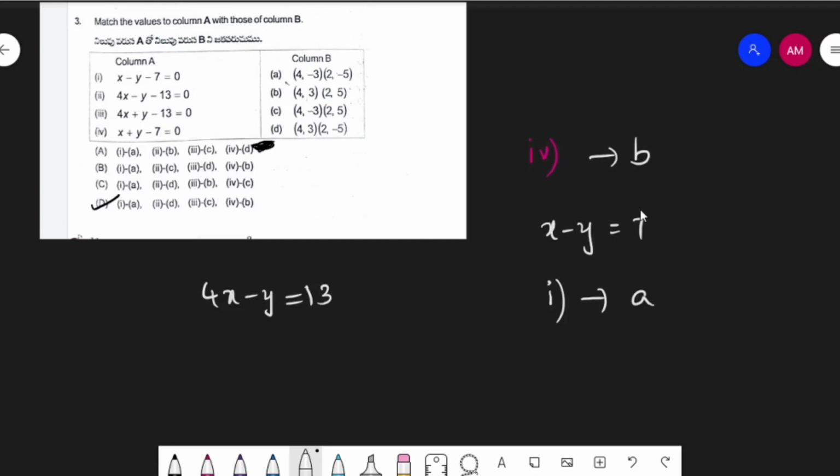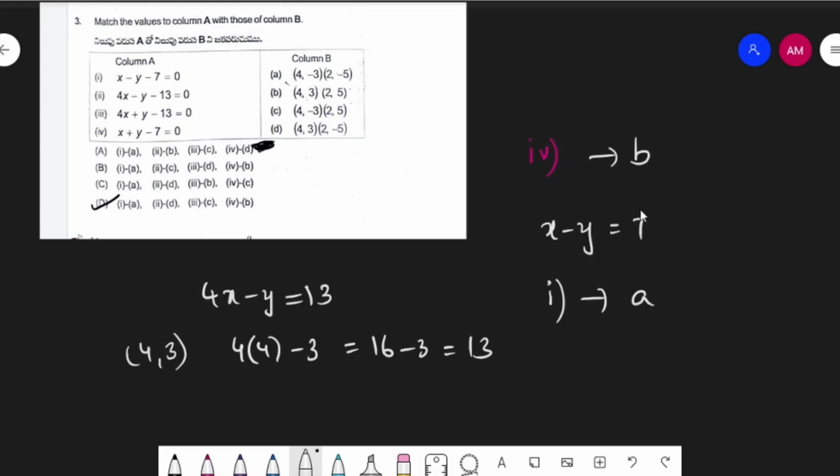So 2 will be mapped to D. Let us check that, 4 comma 3. We will check whether it is satisfied by the second equation or not. 4 into 4 minus 3 is equal to 16 minus 3 is equal to 13. It is satisfied.